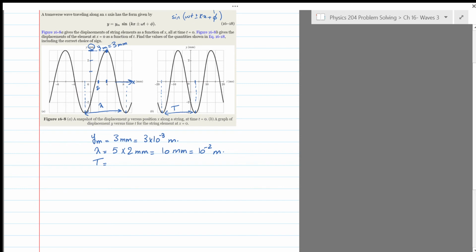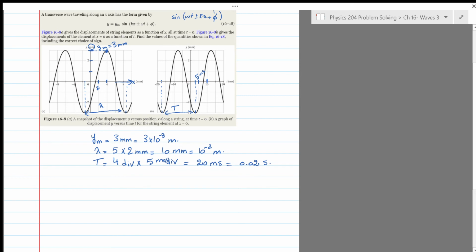And we can see that these are 4 divisions. And if we look at the value for each division, if this is 10, then this is 5 milliseconds. So every division is 5 milliseconds, which gives 20 milliseconds, which is 0.02 seconds.